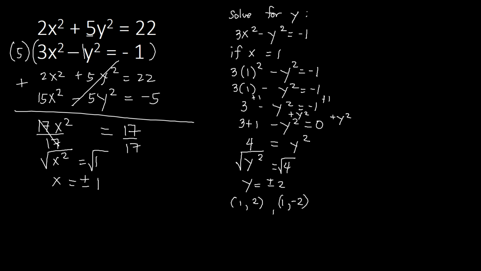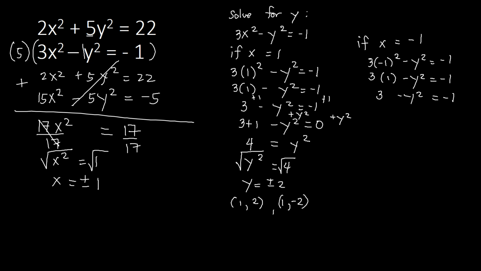Next, we are going to solve for y with the other x value, if x is negative 1. So we replace our x here again. So we have 3 times negative 1 squared minus y squared equal to negative 1. Negative 1 squared is positive 1, and 3 times 1 is 3, minus y squared equal to negative 1.